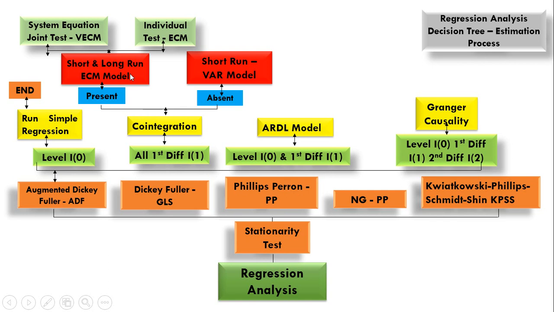Likewise, when you go through the short and long-run error correction mechanism, you go through either checking for the individual or the joint test as it were. If you go through the individual test, you are testing the coefficient and checking whether the variables in the model are significant in their individual form.